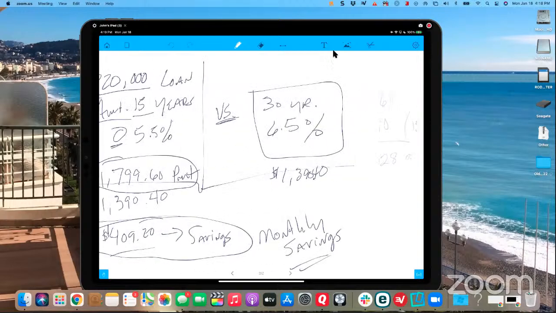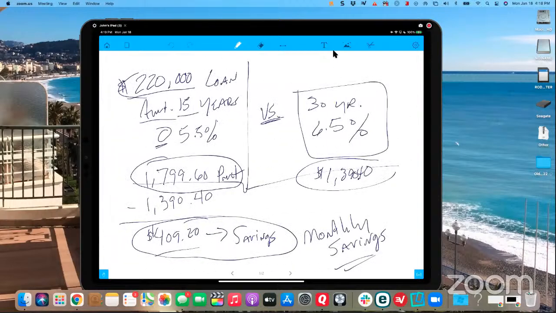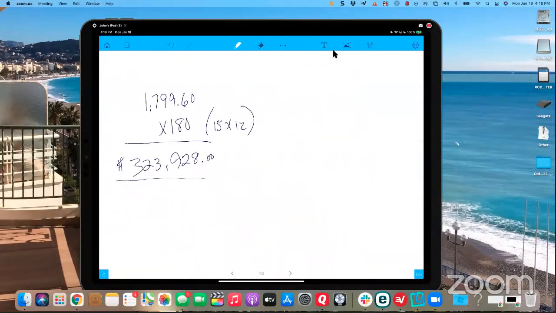Now, all you do is the same thing over here, except we take the 1,390.40 and multiply it times 360. I know that because I take 30 years times 12 months, and that's 360 months. That's how many payments you would have. So 1,390.40 times 360 equals 500,544.